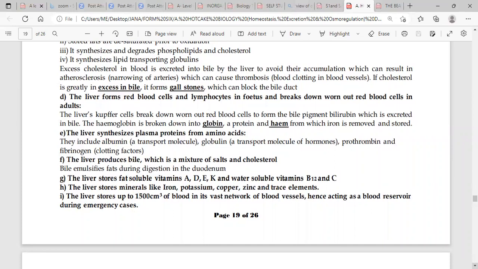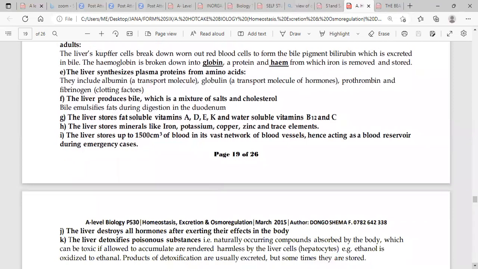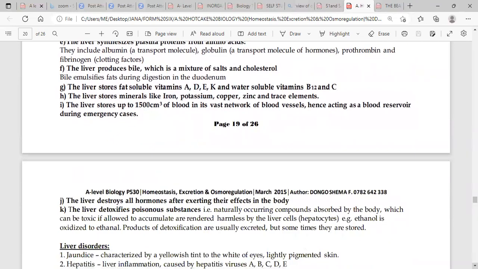Also, the liver stores up to 1,500 cubic centimeters of blood in its vast network of blood vessels, hence acting as a blood reservoir during emergency cases. Another role it performs is that it destroys all hormones after they exert their effects in the body.